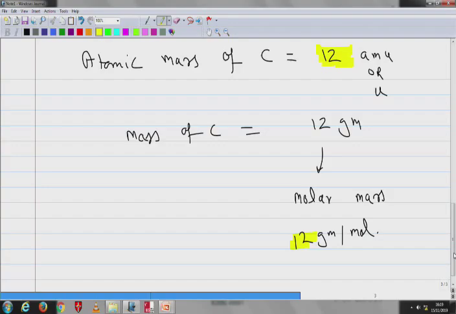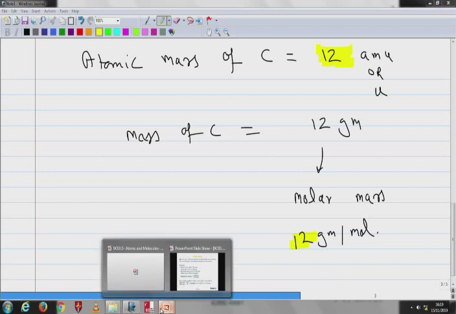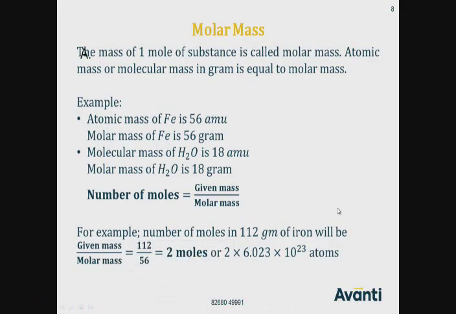Then I'll discuss the examples. You can just copy up to the number of moles section. Just copy and then confirm.